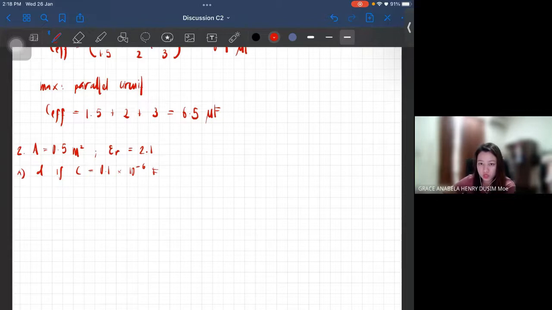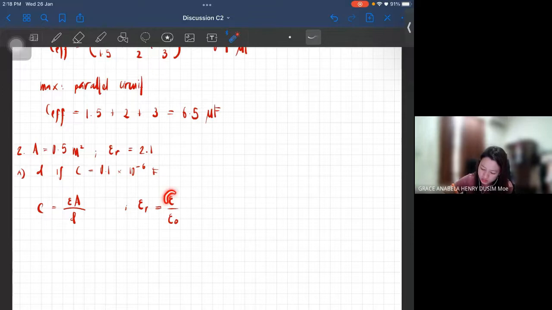Okay? So, yang ini, we will be using C equal to epsilon A over D. Okay? So, remember, epsilon r, which is the dielectric constant, is given as epsilon over epsilon naught. Okay? So, ini untuk the dielectric material.